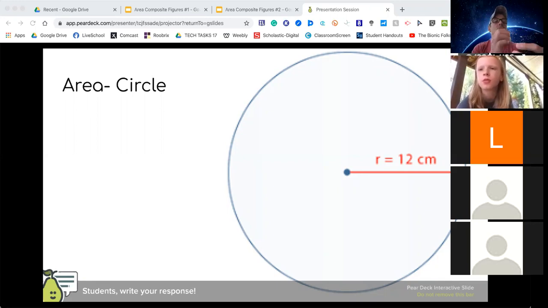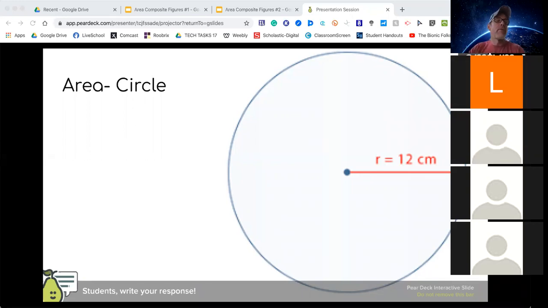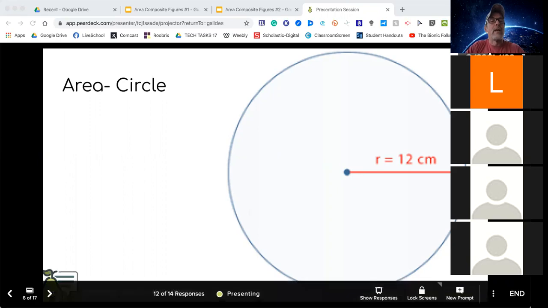It's 452 and 3900 centimeters squared, right? So 12 times 12, 144, 144 times 3.14. If you did not get 452 and 3900 squared centimeters, do you see why that's the right answer? All right, let me move on.